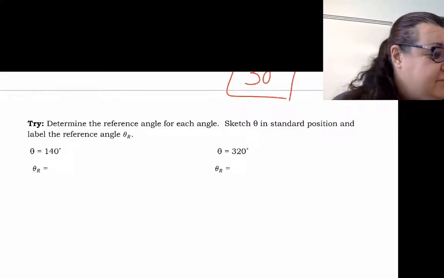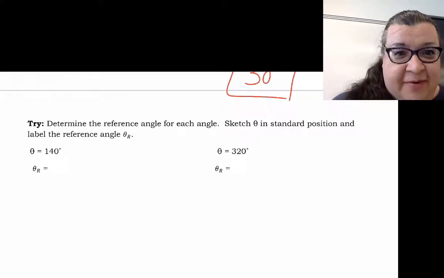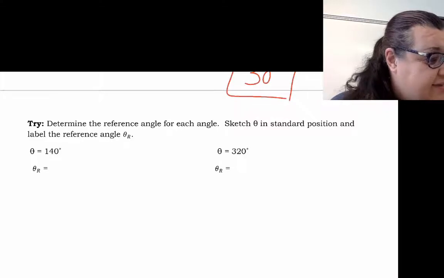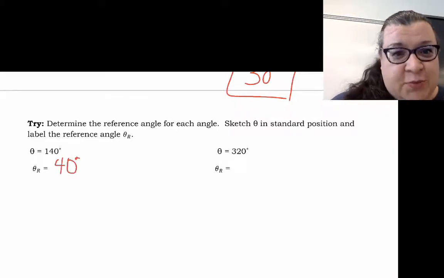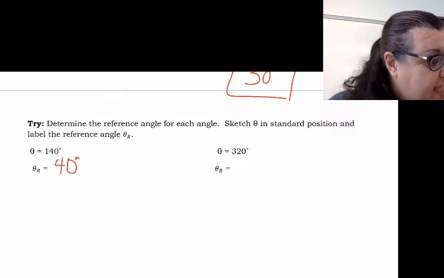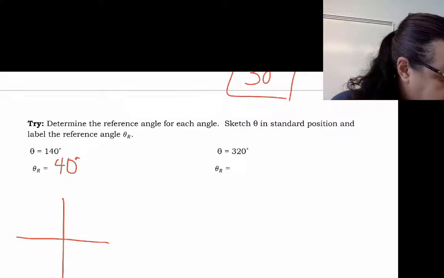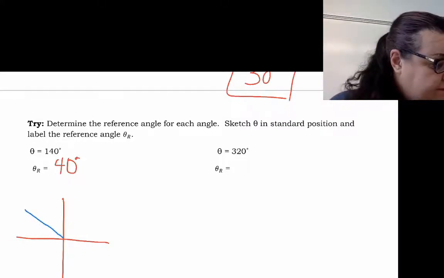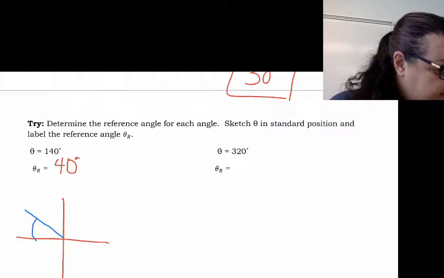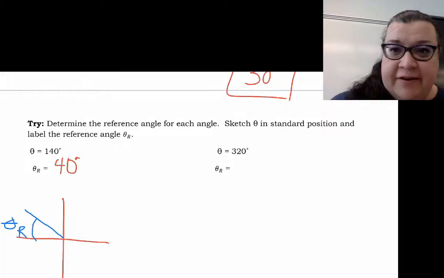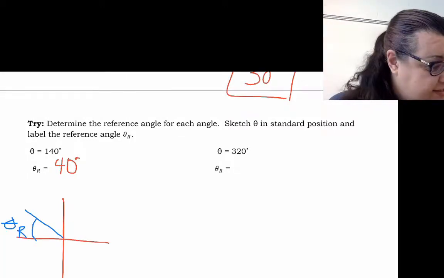Okay. So your reference angle, if your principal angle is 140 degrees, is obviously 40 degrees, because 140 and 40 make 180, and your angle should be here. And there's your reference angle. All right, I asked you to label the reference angle, so that's where 40 degrees is.